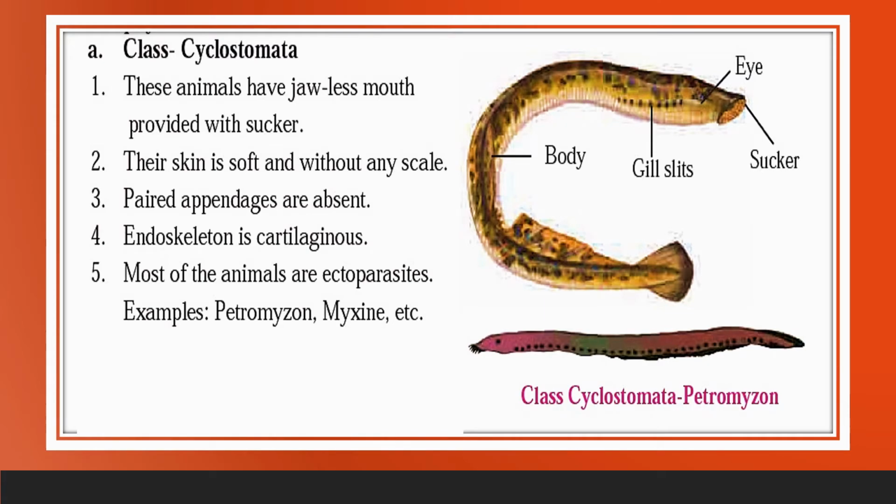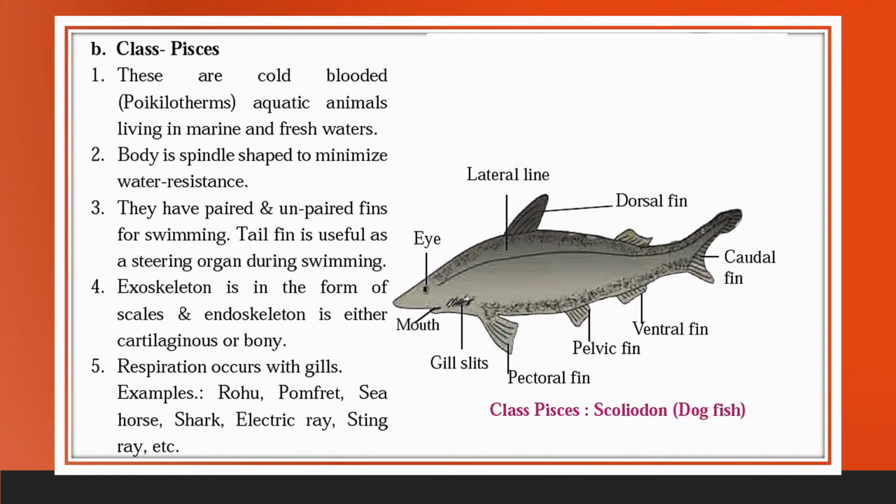Pisces is the second class in subphylum Vertebrata. So the animals in class Pisces are cold-blooded aquatic animals, or we can call them poikilotherms. They are living in marine and fresh waters. Body is spindle-shaped to minimize water resistance. And they have paired and unpaired fins for swimming.